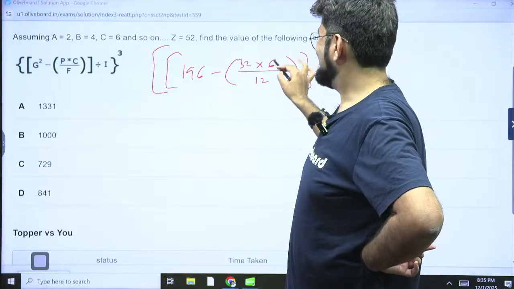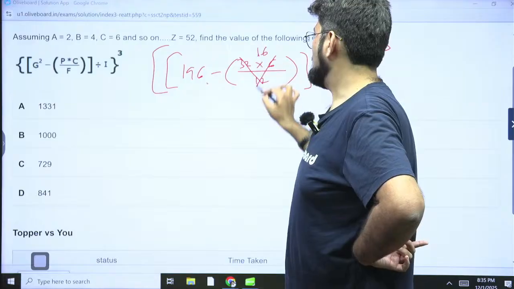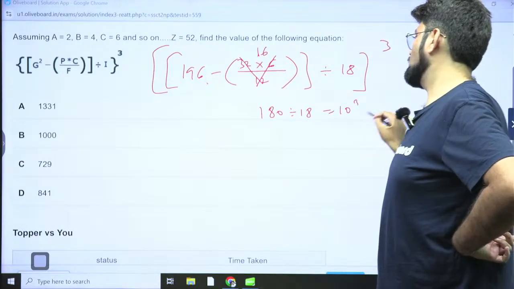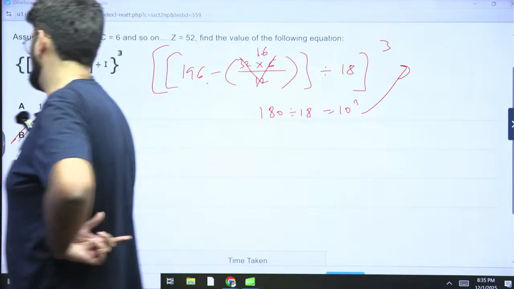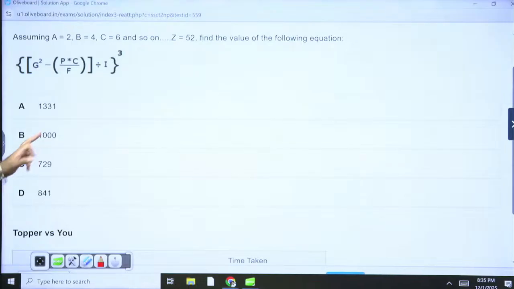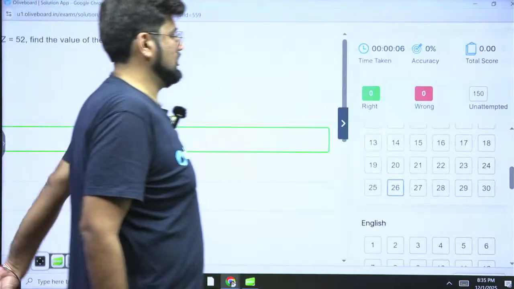Okay, so this is 2 and this is 16 and this is 180. 180 divided by 18 is how much? It's 10, and 10 cube is what? 1000. Option B is the correct answer. Easy question. They are all almost cubes actually, except for option D. So option D could never have been our answer. 50 seconds. Too much here.